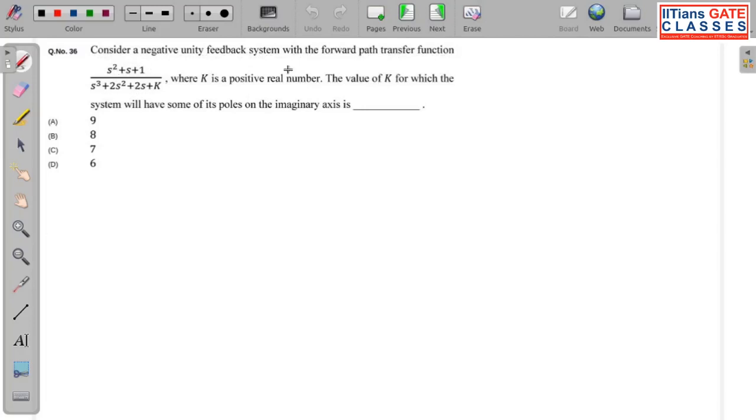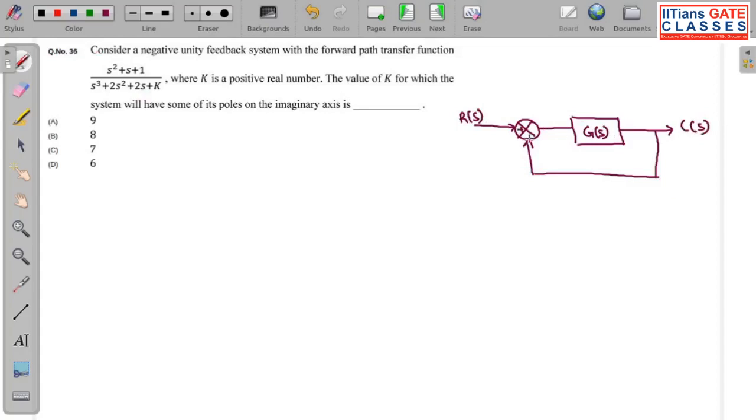If I draw a negative unity feedback system, this is my unity feedback system and this will be my G of S, this is R(S), this is C(S), and this is negative unity feedback, where G(S) is given as S square plus S plus 1 divided by S cube plus 2S square plus 2S plus K, where K is a positive real number.